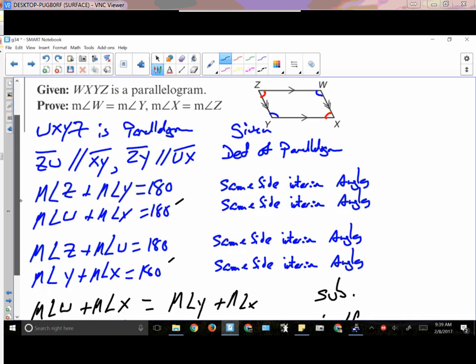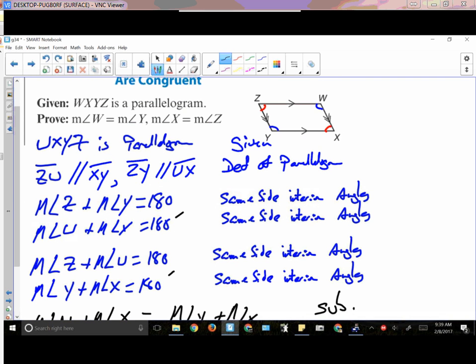If I want to go and take care of the X and the Z one, let's see, I need it where I get X and Z being the same thing. Let's see. Well, if I use this one and this one, does that take care of it for me? Because that is Z and Y, this is Y and X, so that would give me Z and X, correct?